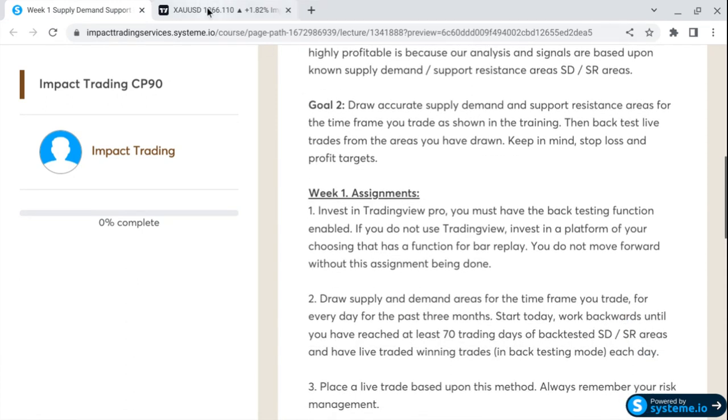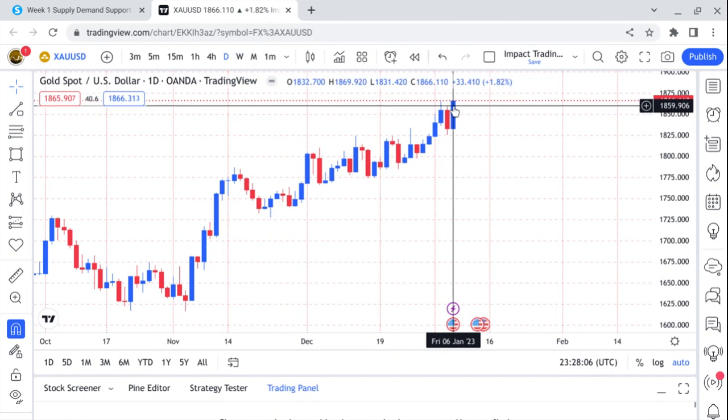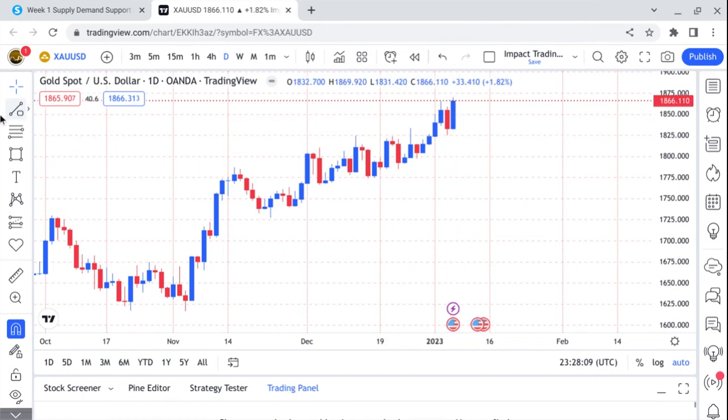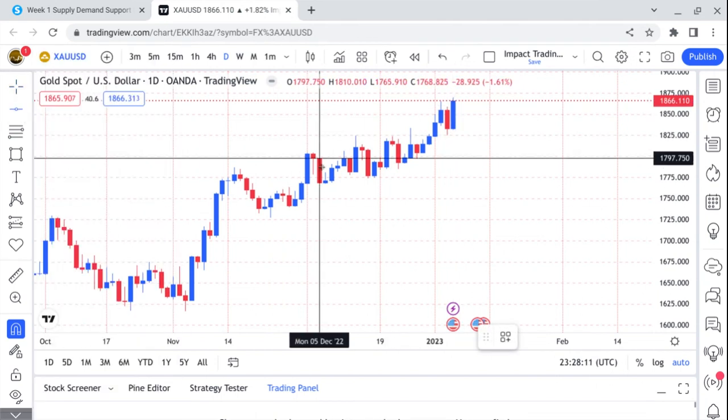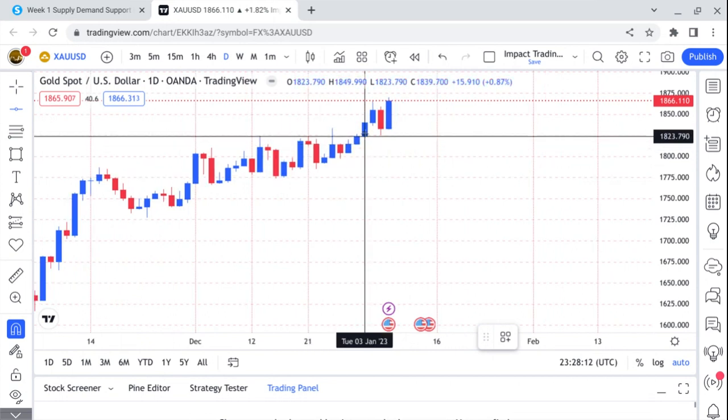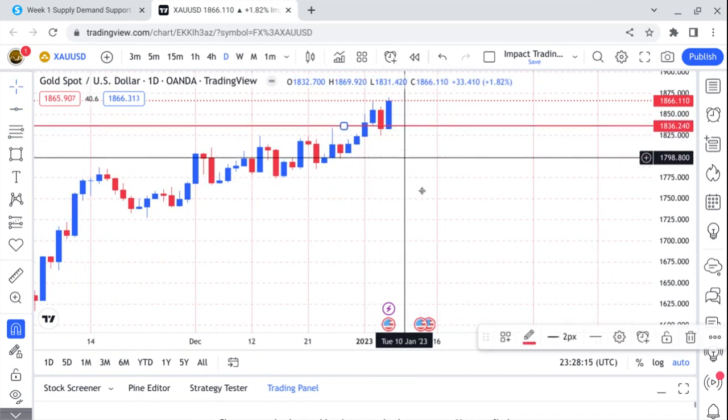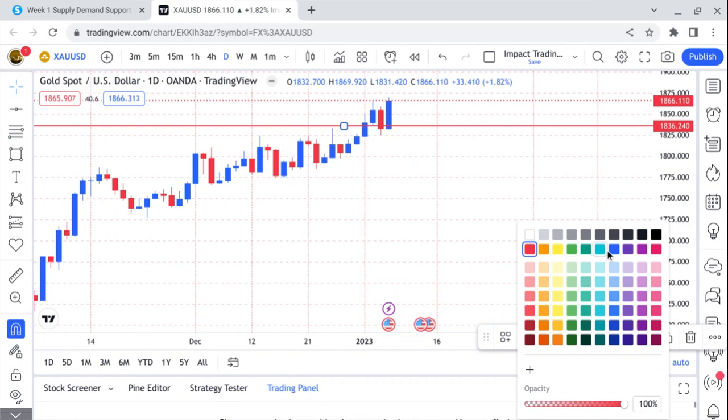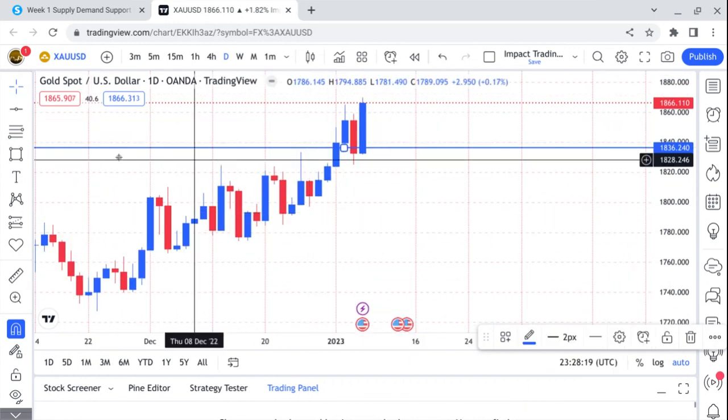Goal 2, draw accurate supply and demand support and resistance areas. You will find your own style as you do it. Now remember where they are.